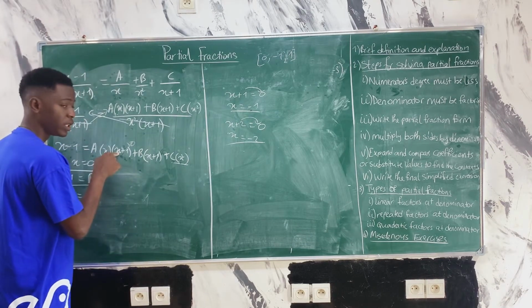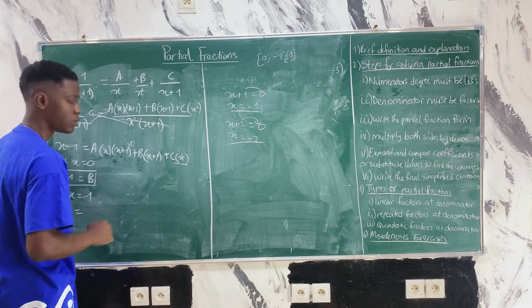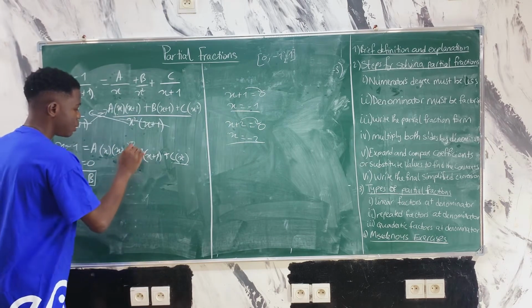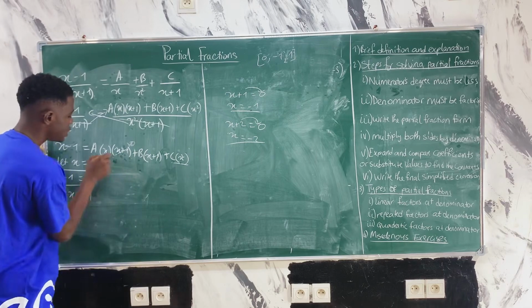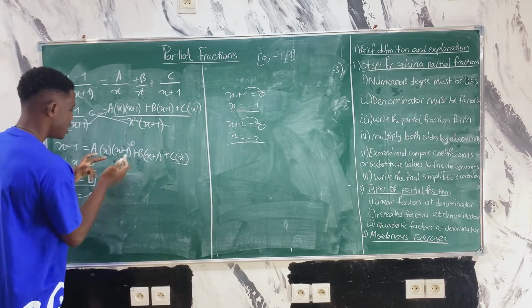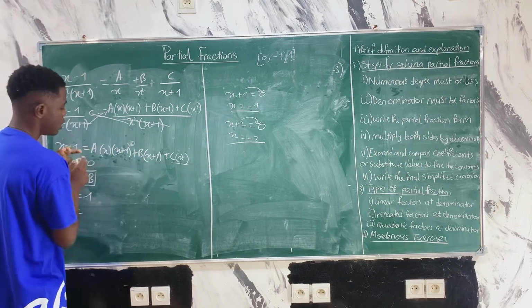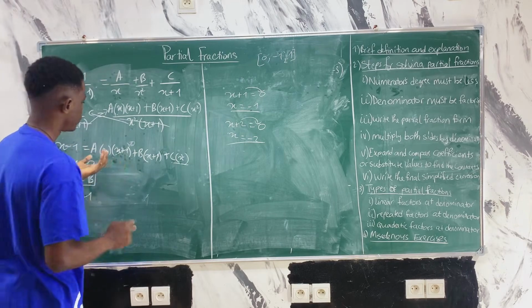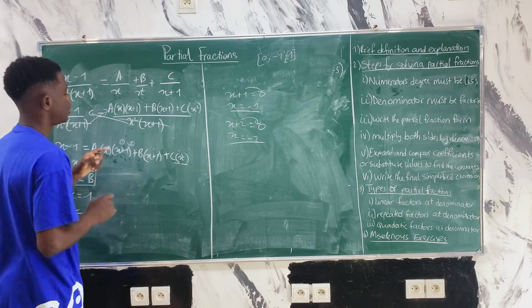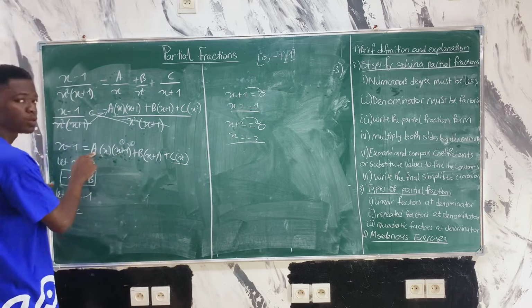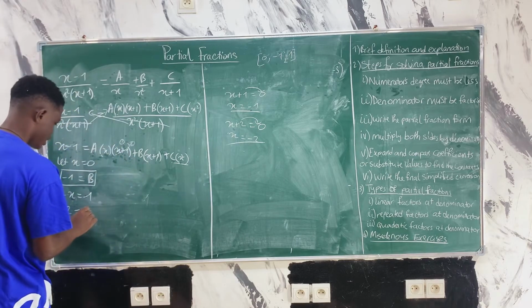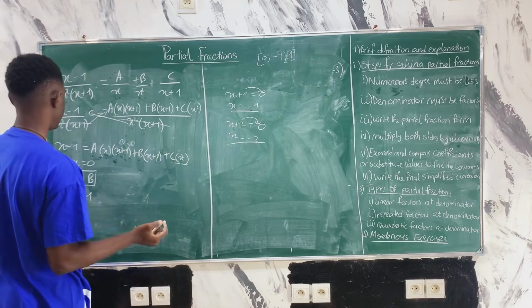Negative 1 plus 1 will give 0. So since this one is 0, 0 multiplied times anything is still 0. So 0 here is multiplying x and it's multiplying a. So inside the bracket is 0. So 0 times this gives 0.